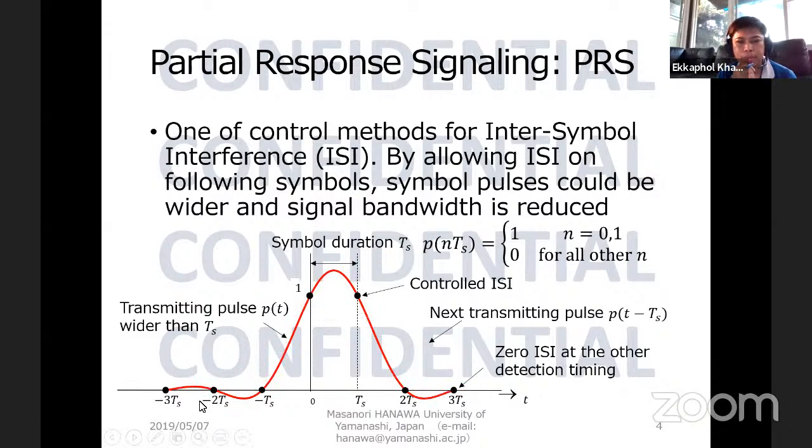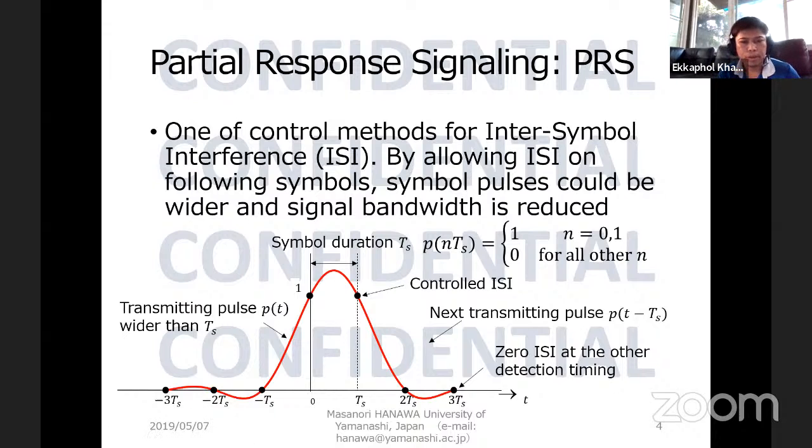So if we use this pulse for bit 1 at time 0, then it should have a wider pulse width like this. But this pulse does not have any amplitude, I mean, amplitude is 0 at other time instances like this.